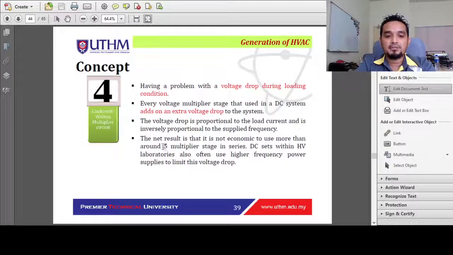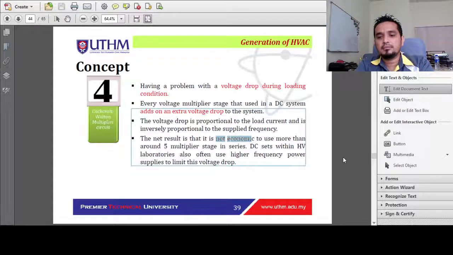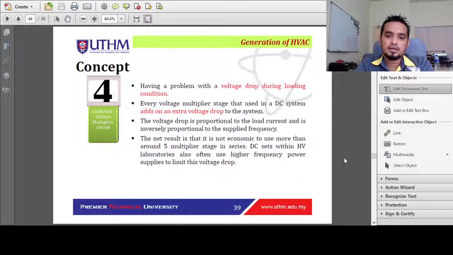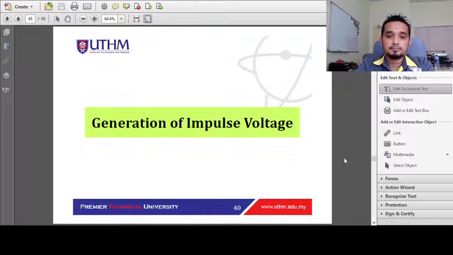So the best practice is to use up to 5 stages, for economy and effectiveness. Going greater than this will not be effective for laboratory purposes, testing, and use in the lab.